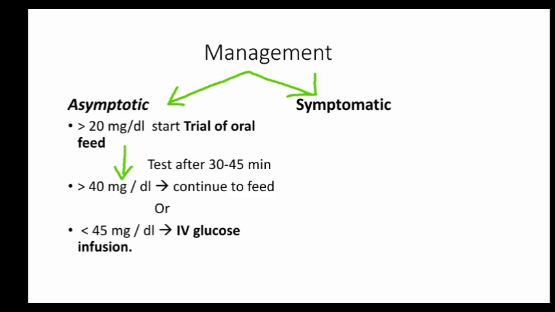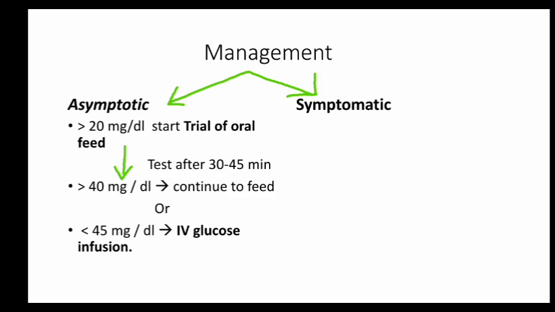A trial of oral feeds means we can give breastfeeding or some other milks also. That means continue to feed, and check the blood sugar level after 30 to 45 minutes. If it is more than 40 milligram per deciliter, we continue the feed.